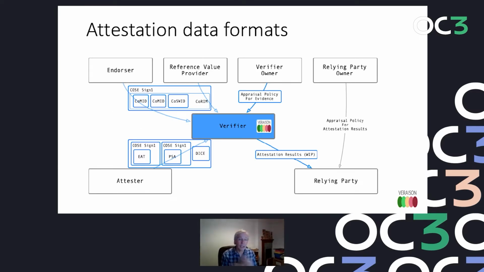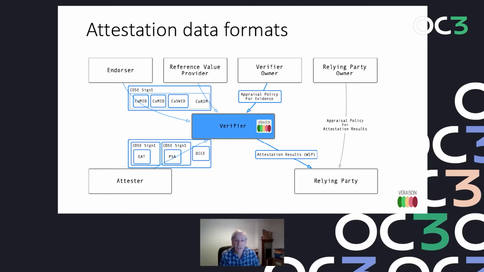On the format part, we can take in multiple forms of items, multiple reference values, multiple endorsements, and there's some standardization work in terms of CoMID and CoRIM, which I'll talk more about in a minute. That flows into the verifier.